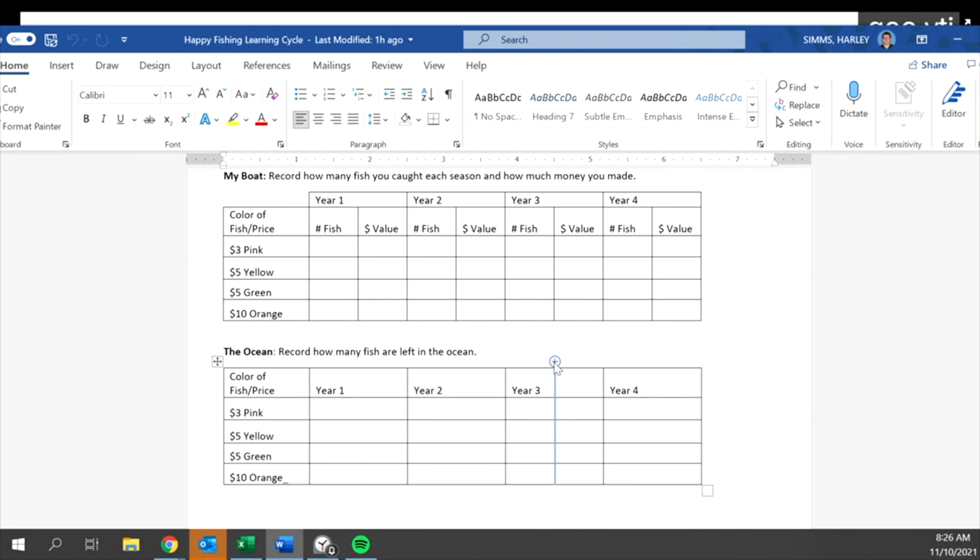So what I want you to do is fill out your data table, and then y'all are gonna work together with the ocean as well. So figure out how many are left in the ocean. Everybody right now, fill out your year 1, and then fill out your year 1 for your ocean as well.